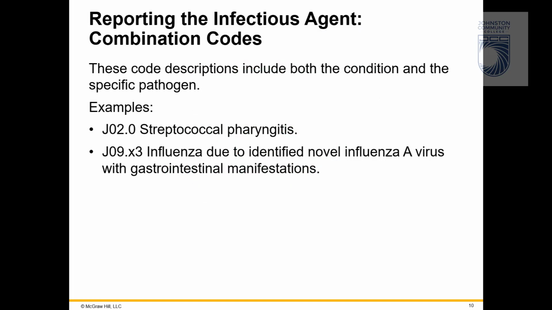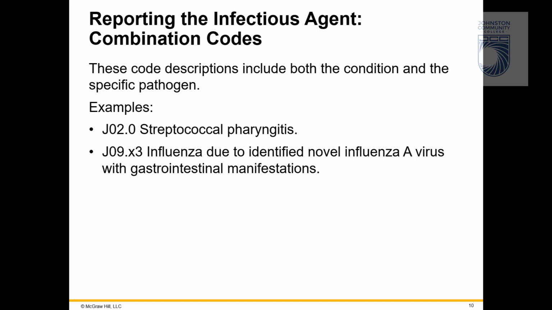All right, reporting the infectious agent. Combination codes. These code descriptions include both the condition and the specific pathogen. So examples: J02.0 streptococcal pharyngitis, and J09.X3 influenza due to identified novel influenza A virus with gastrointestinal manifestations.